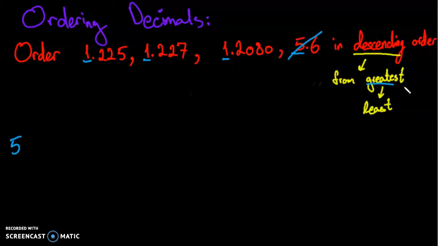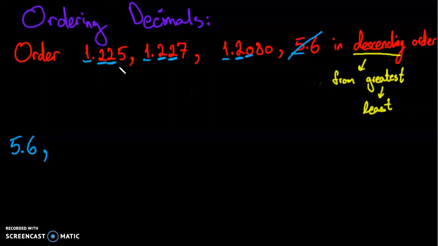We go from greatest to least, and 5 is our greatest number, or the biggest number. So there's our first number. Now we look at the other digits. We have a 2, 2, 2. They're all the same, so we go on. We have 2, 2, 0.